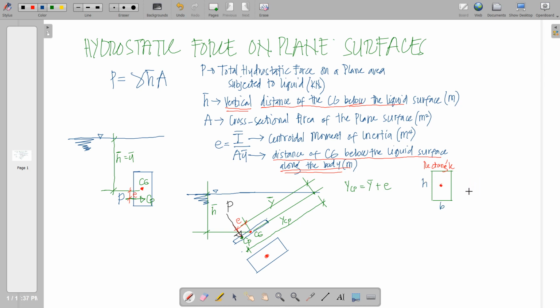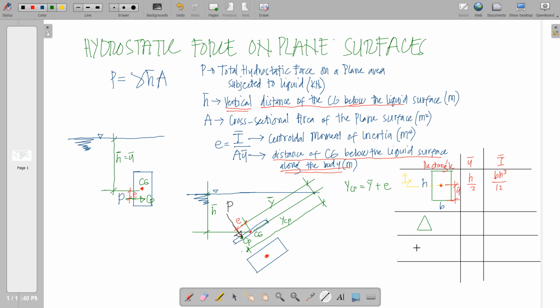If this has a dimension of b times h, its ȳ, referred from the base, is simply h over 2. And for its centroidal moment of inertia, say if this is our centroid, it is Ī x, so the centroidal moment of inertia on the x-axis of this rectangle is given by the formula bh cubed over 12.